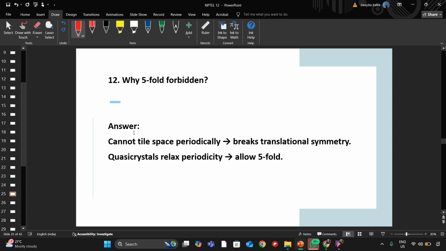So, five-fold symmetry will not have a periodic tiling. So, for this reason, five-fold is forbidden in crystallography.